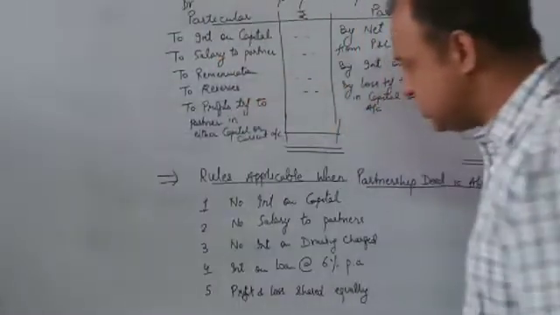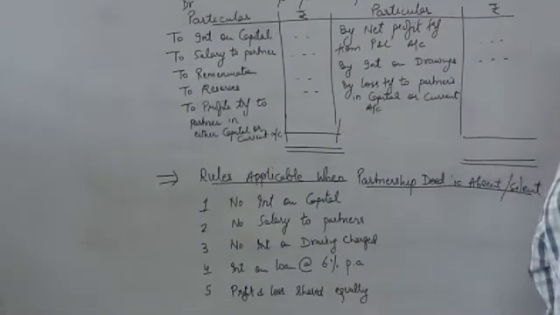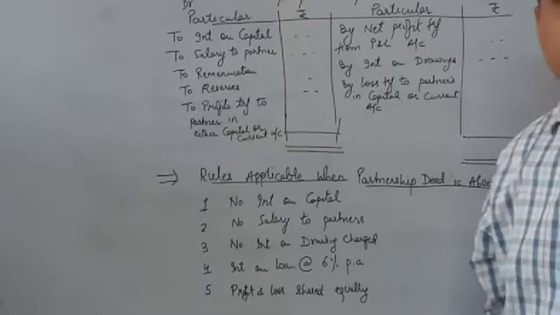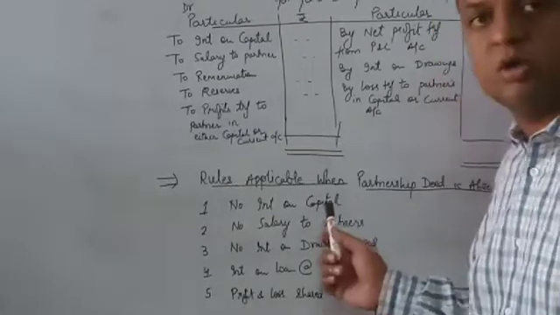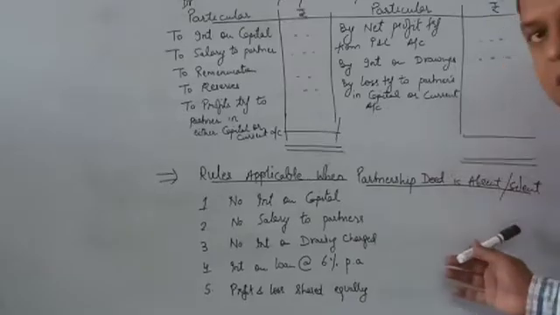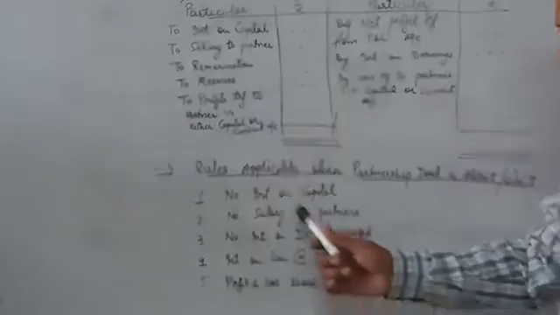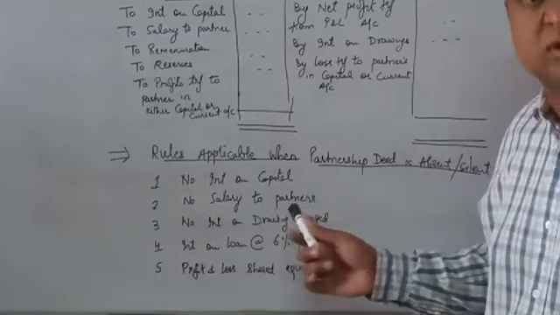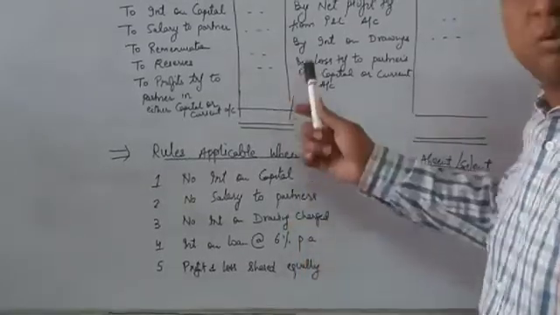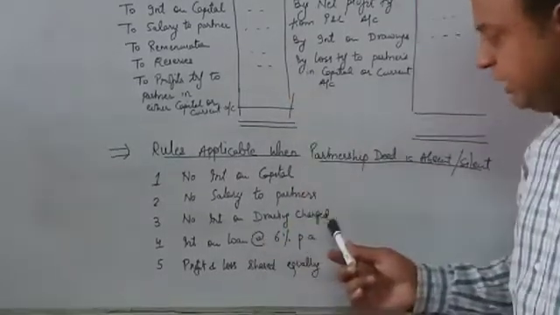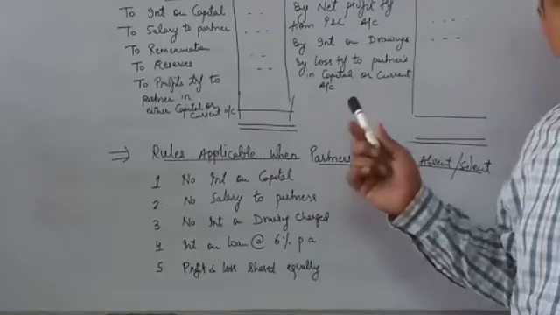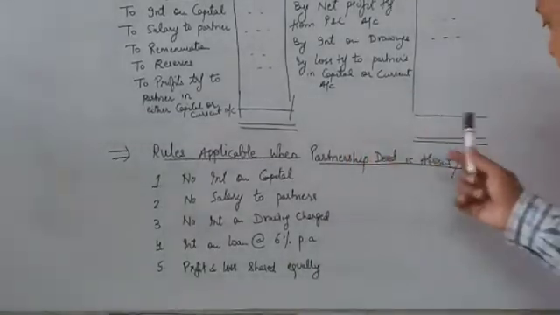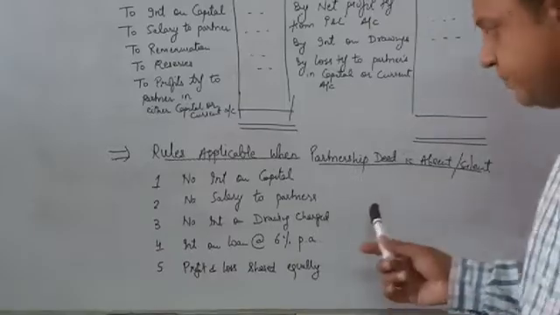Where the first one is interest on capital. Interest on capital will not be given to the partners because deed is not prepared. Similarly, salary will not be entitled to the partners. That means they will have no share of the salary from the business firm. Third one is interest on drawings will not be charged to the partners if deed is absent, that is silent.